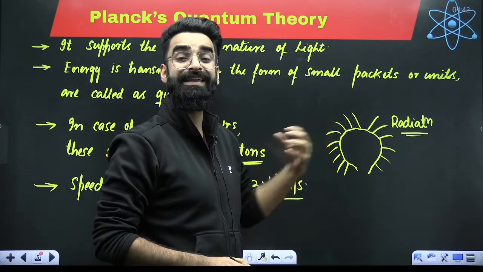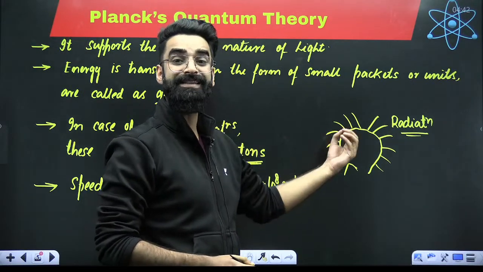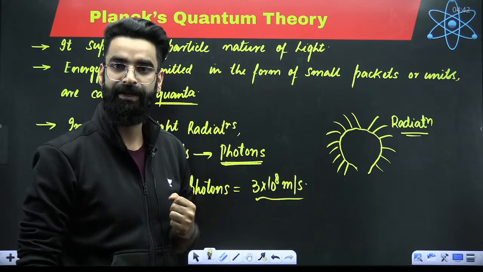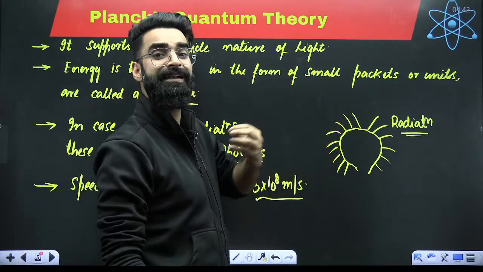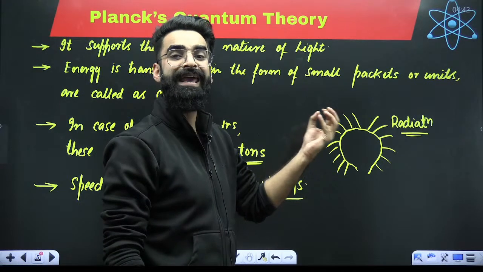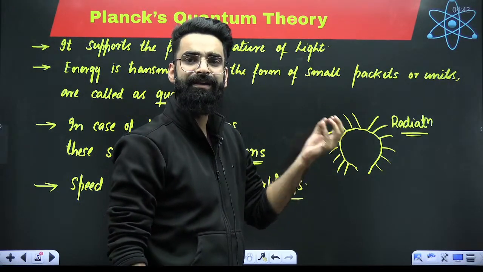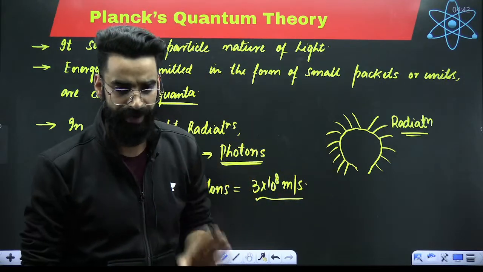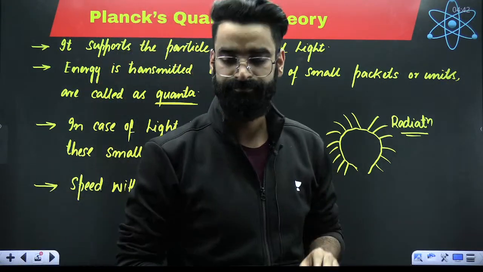Light radiations consist of photons, so these are the photons which are incident on me. And whatever energy that photon is carrying, it is transmitting the entire energy to me, basically. As simple as that.